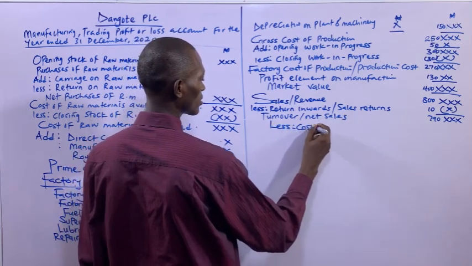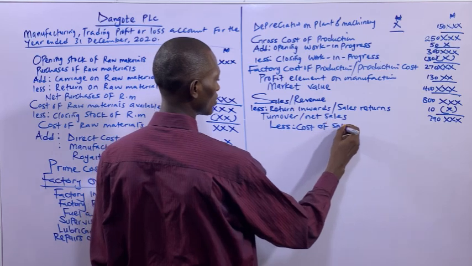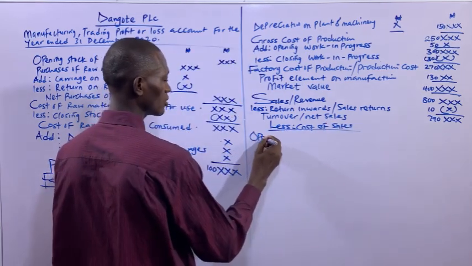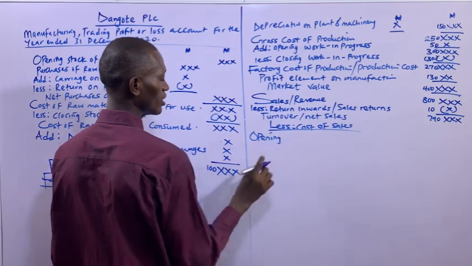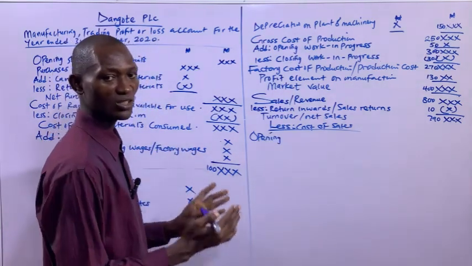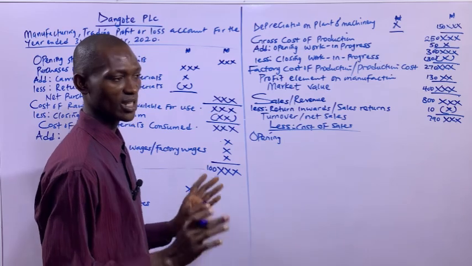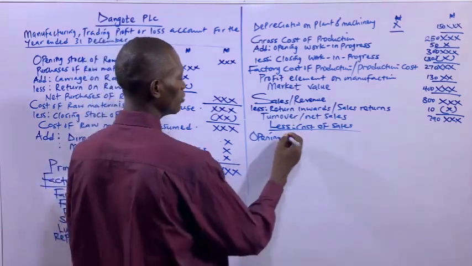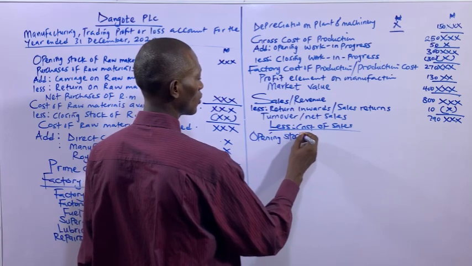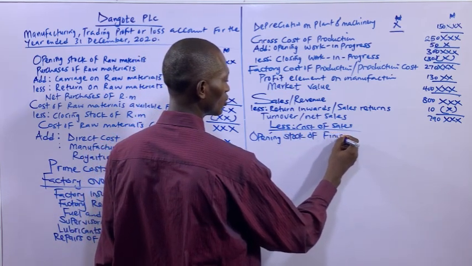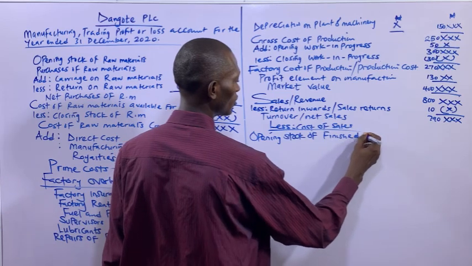For cost of sales, you have your opening. Here now we are in the trading account, so we are going to be dealing with the finished goods whose production has been completed. So opening stock of finished goods.